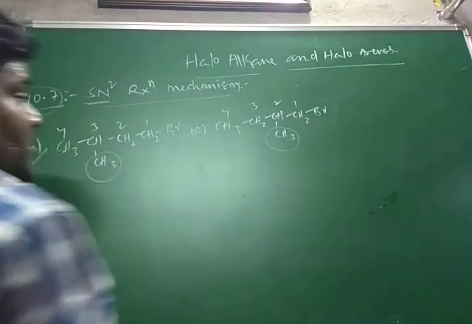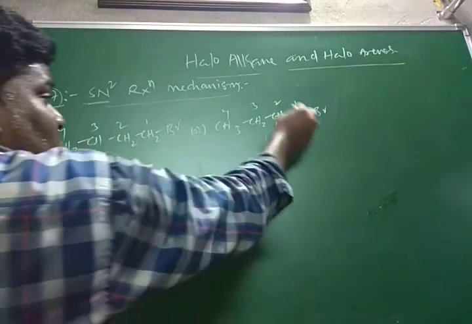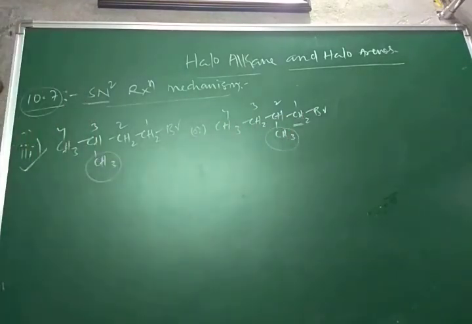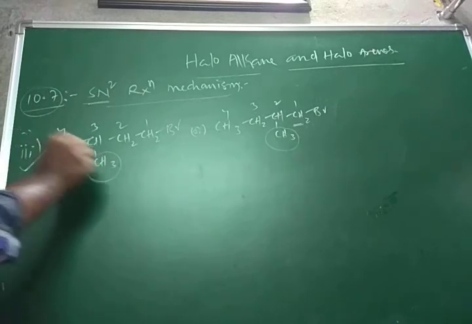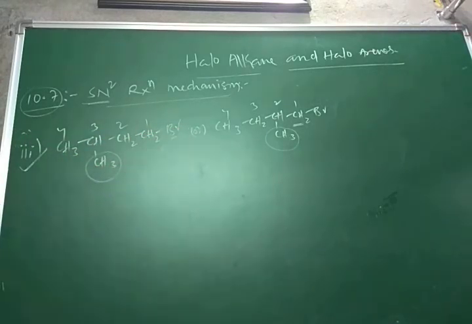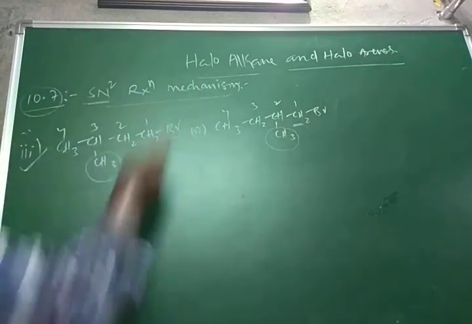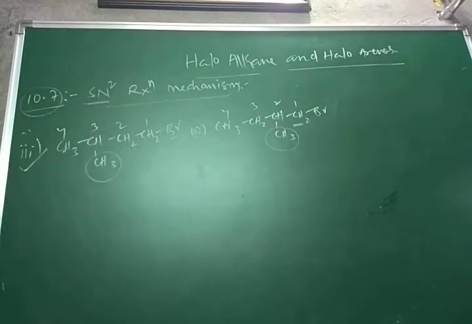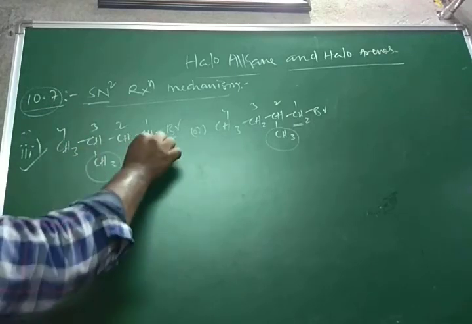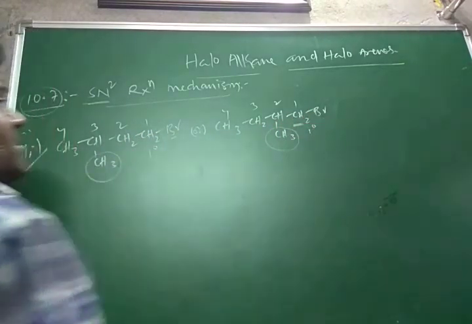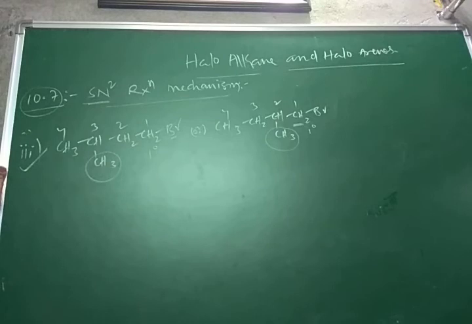This electron donating methyl is nearest to the halogen attached carbon in the second compound. In the first, the electron donating methyl is far from the halogen attached carbon, क्योंकि यहाँ पे ब्रोमीन नेगेटिव साइन में रिलीज होगा तो कार्बन पे पॉजिटिव साइन रहेगा. दोनों में सेम, प्राइमरी कार्बन, दिस वन इज प्राइमरी, दिस वन ऑल्सो प्राइमरी. When bromine is removed as a negative ion, then a positive charge will develop on the first carbon, then a primary carbocation will be obtained. But here the electron donating group position will be different.